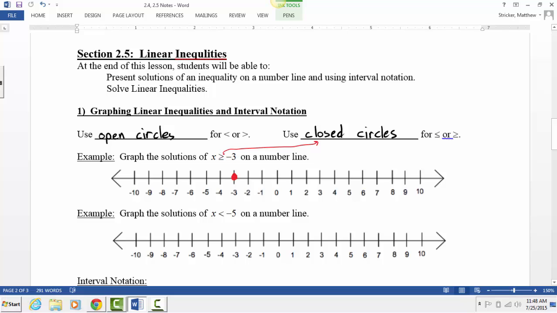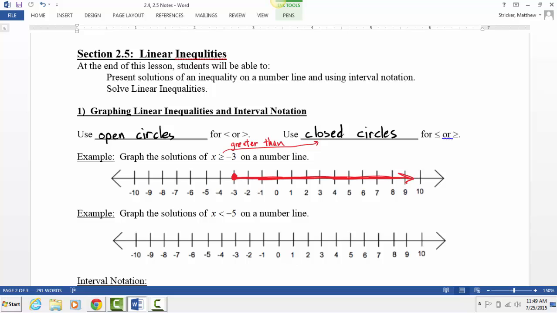That's greater than negative 3, which means I'm going to graph in the direction of the numbers that are bigger than negative 3, which would be the numbers to the right.